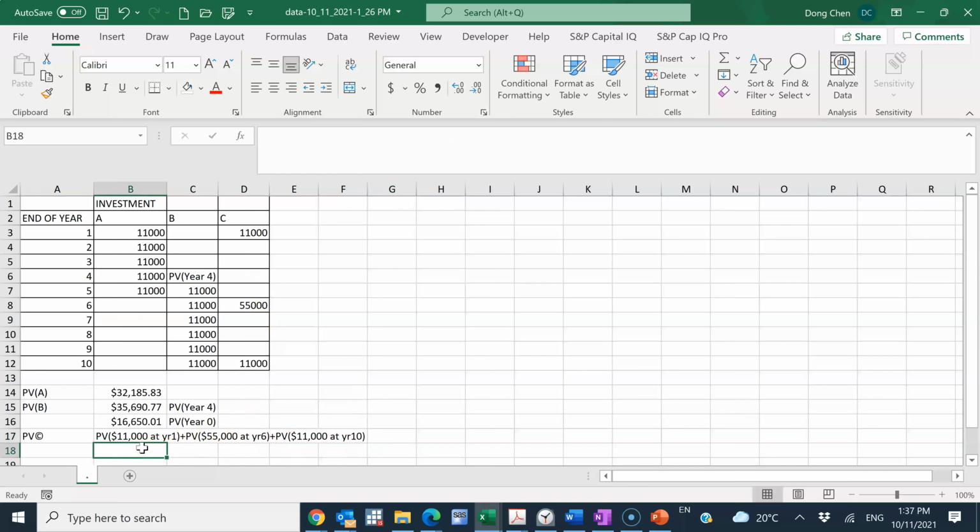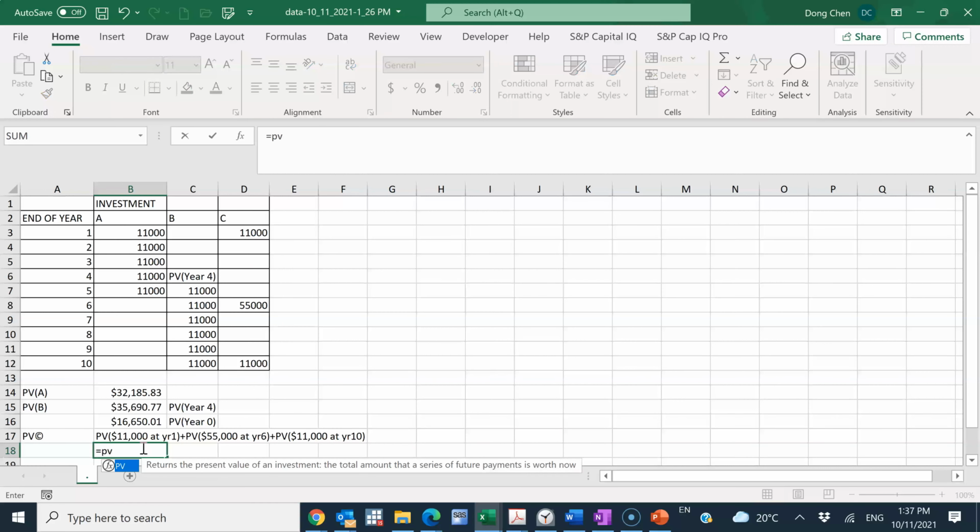And then the rest of the job is simply to get each of these 3 present values. So that equals present value, and then open, 21%. And for the first cash flow, it's year 1, so just put 1 there. And then the payment is 0, and the future value here is just the amount, $11,000. Again, I added a negative sign in front of that. So that's done for the present value of $11,000 at year 1, and then add the second present value, right?